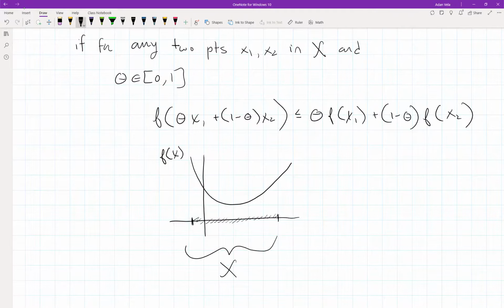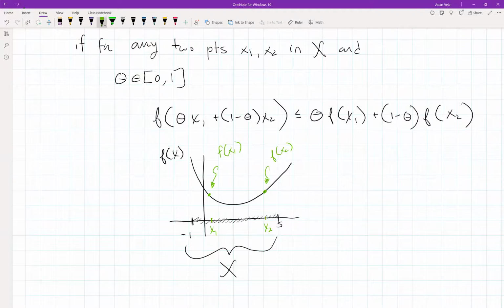Any x that's between, let's say, -1 and 1, 2, 3, 4, 5. Okay, so that's our feasible set. And so we're going to pick 2 points. So here goes x1, and here goes x2. So this point here is f of x2, and this point here is f of x1.